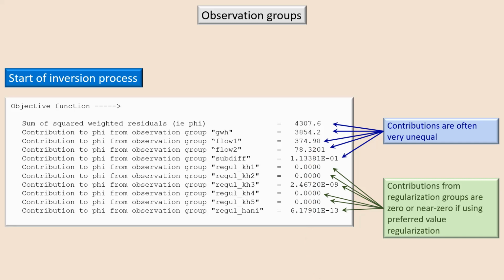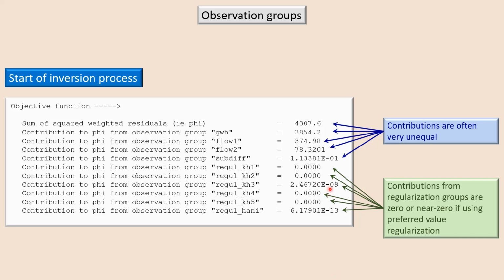Now, this may not be a good thing, because if, as I just said, I divide observations into different observation groups on the basis that they inform different parameters, different aspects of the system, then I want the information which is contained in those different groups to be heard by PEST so that it can adjust parameters accordingly.